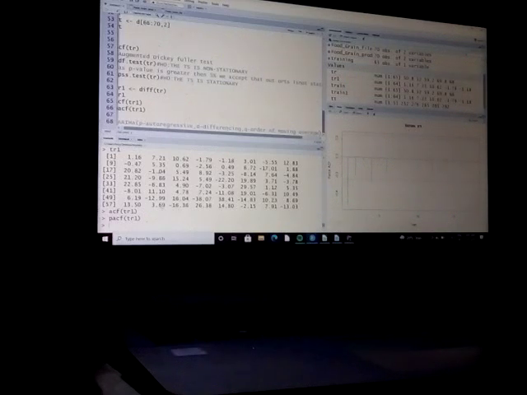So this gives the order of moving average, and this the autoregression.